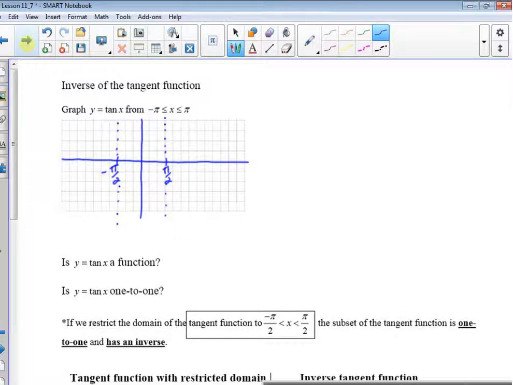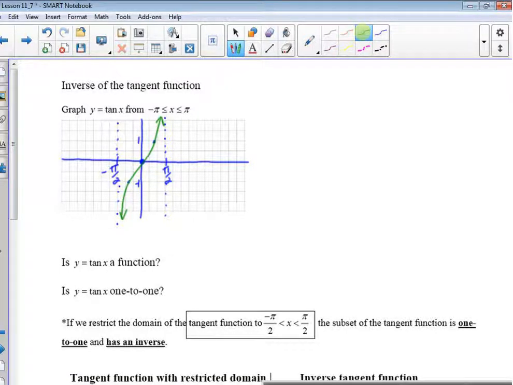And the tan of 0 is 0. The tan of 45 is 1. The tan of -45 is -1. So our graph looks like that.